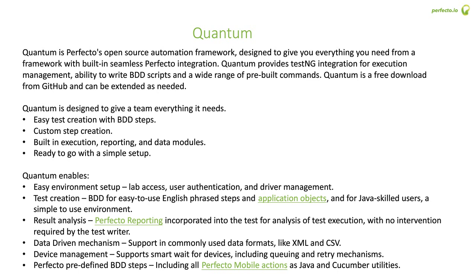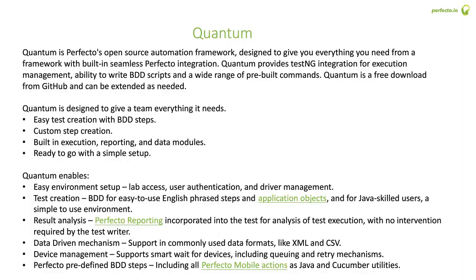So being able to do test creation, look at some of the analytics within the lab, and look at a live preview while your test is underway, such that you can see what the automation is actually doing. And obviously there are Perfecto predefined BDD steps in there, which makes writing a lot easier to do.